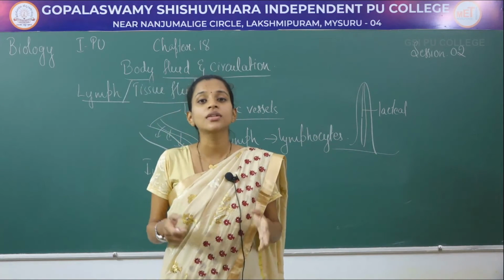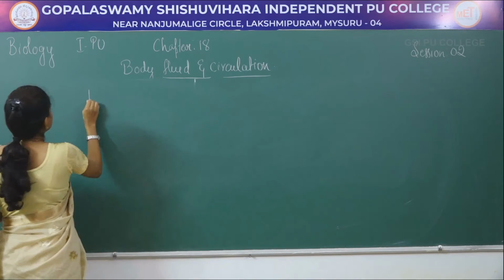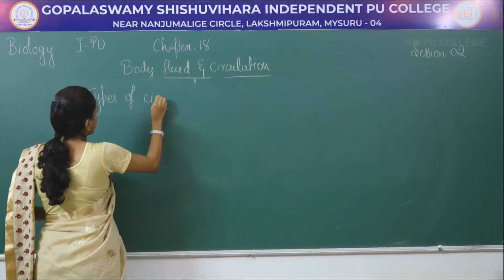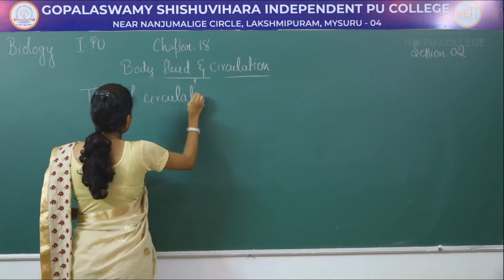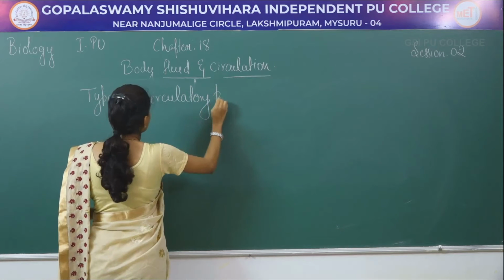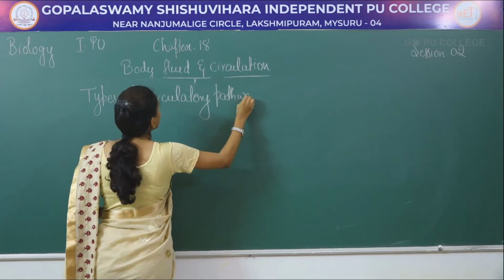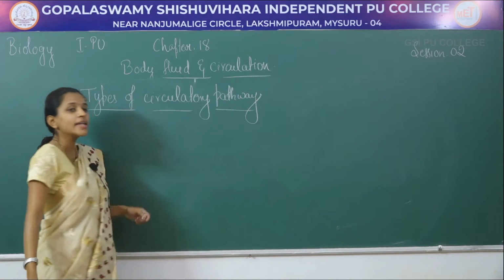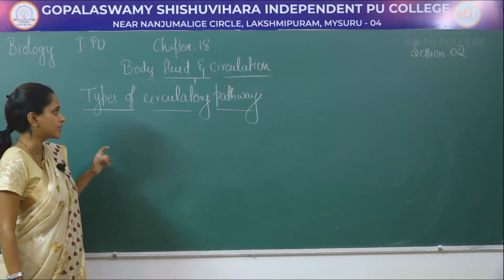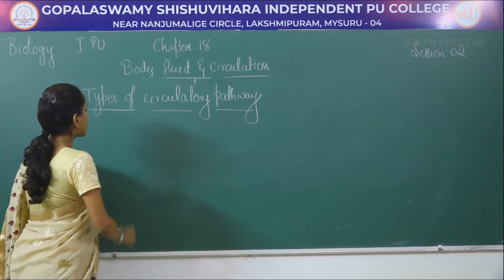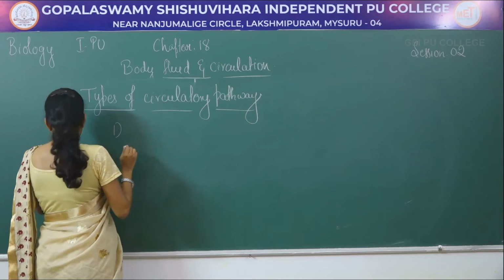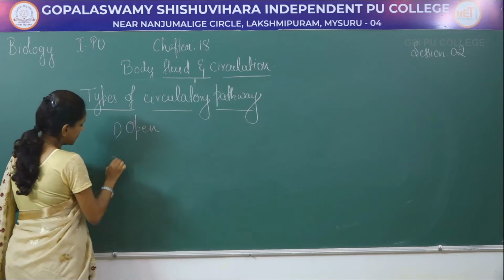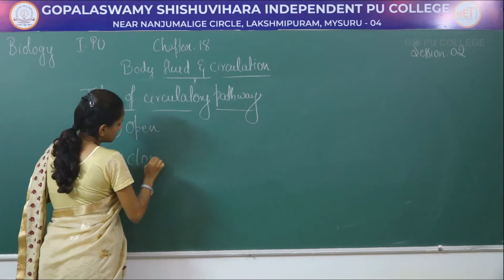Next we will have to study about types of circulatory system. When it comes to types of circulatory pathway, they are of two types: open and closed.